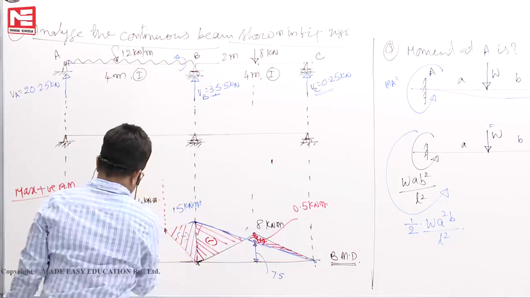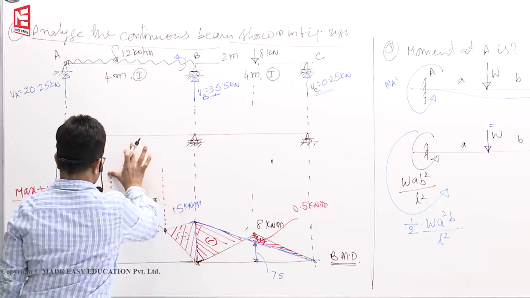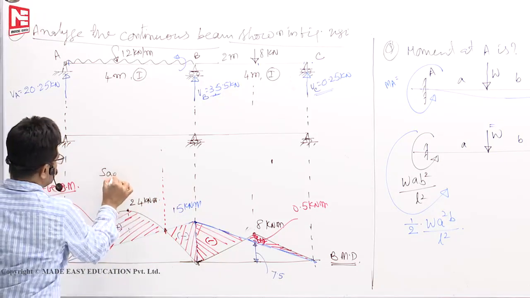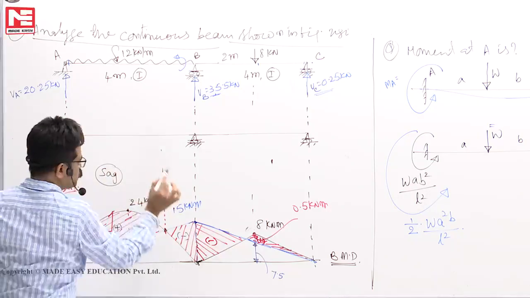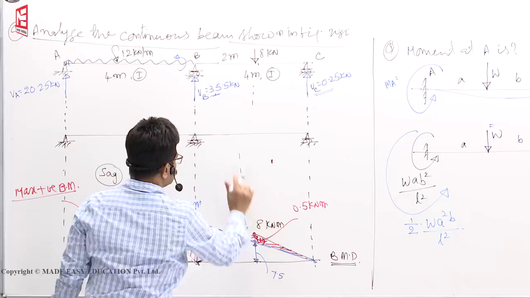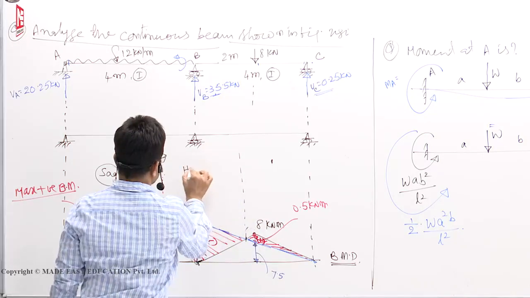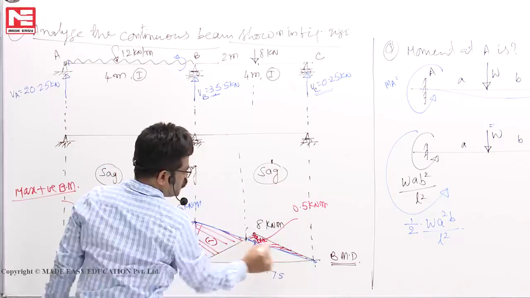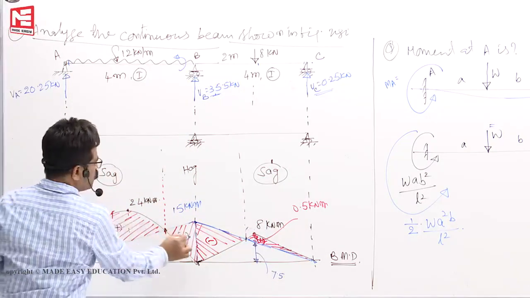Up to here, this is sagging, positive moment. From here to here it should sag, up to here it should hog, then this should sag. Sag, hog, sag.